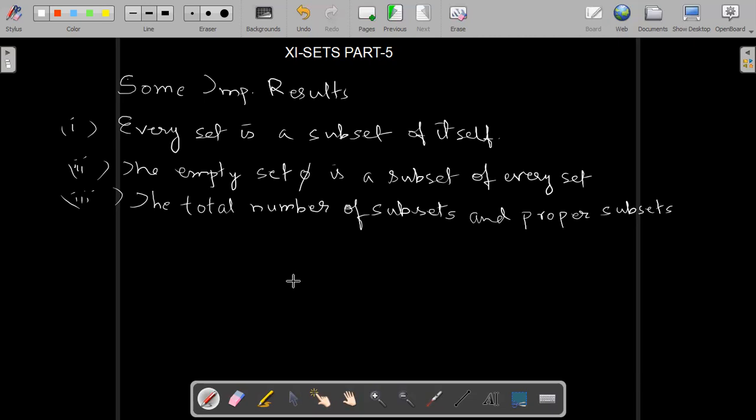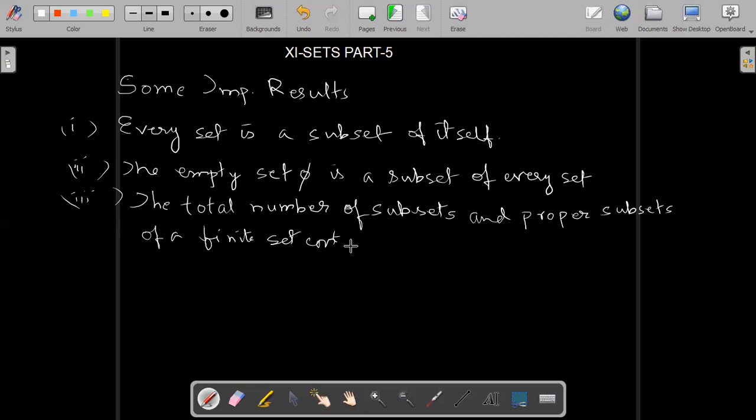The number of subsets of a finite set containing n elements.